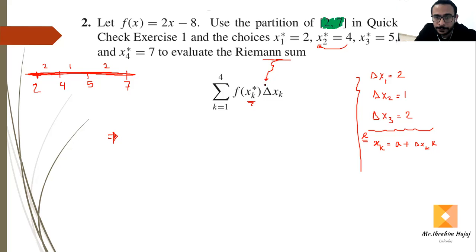As you see here, we have subintervals, and the width of each subinterval, delta x1, is 4 minus 2, which is 2, delta x2 is 5 minus 4, which is 1, and delta x3 is 7 minus 5, which is 2.